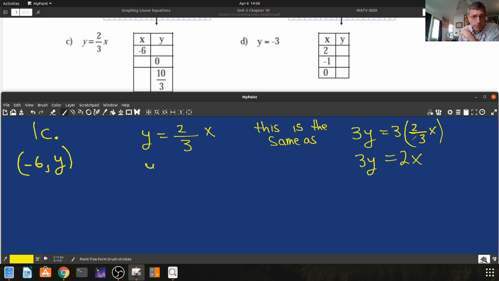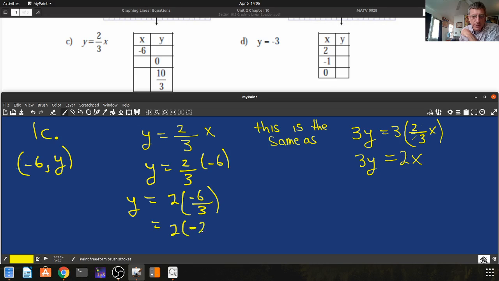So y is what I'm looking for, it's our unknown. So y is 2/3, and x becomes minus 6. Well, that's the same as y is equal to 2 times minus 6 over 3, which is equal to 2, and minus 6 divided by 3 is minus 2, so that's equal to minus 4.